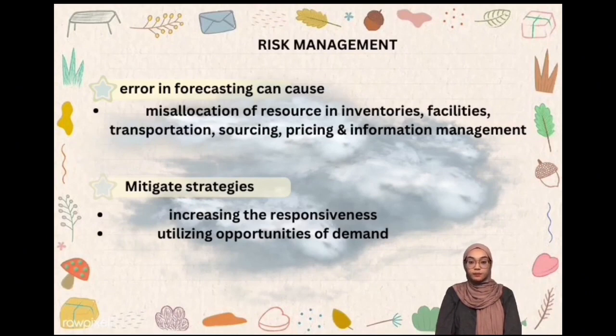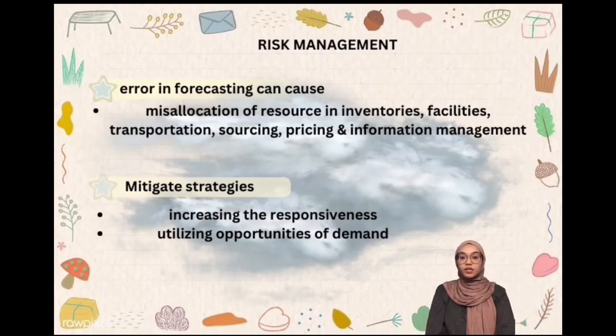Increasing responsiveness in the context of forecasting involves creating a more agile and adaptive supply chain and operation framework. This strategy is aimed at minimizing the impact of forecast errors by allowing the organization to quickly adjust to changing conditions.